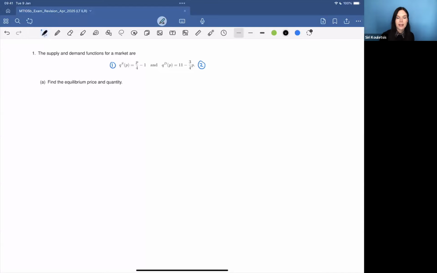This is a system of simultaneous equations that we need to solve, and one way of doing that is to set QS of P equal to QD of P.